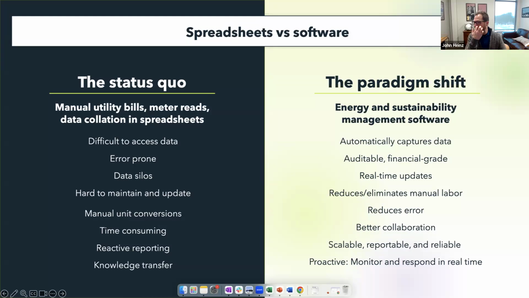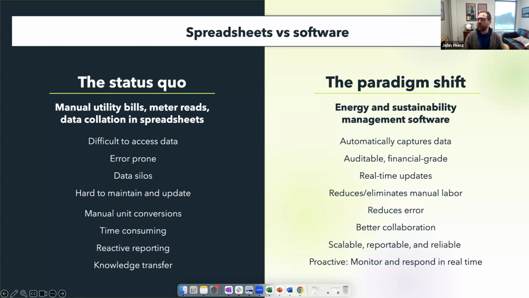So let's talk about the paradigm shift to software. Software is around for a reason. We wrote our first lines of code in 1980, so a long time ago. The whole premise when we first started was, let's use technology to solve manual processes. And back then, spreadsheets didn't even exist. It was writing down data on pencil and journal ledgers, keeping track.